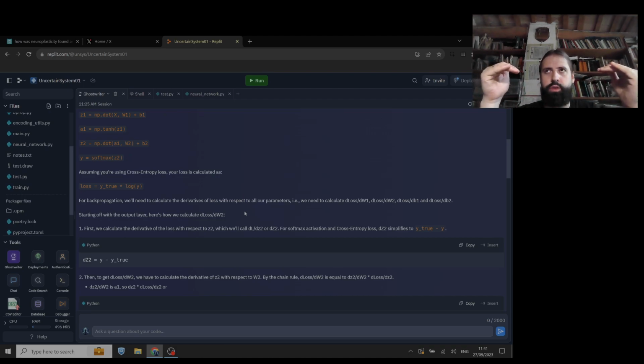So you're trying to see what the derivative with respect to Z2 is, like how Z2 needs to change for the loss function to be minimized.